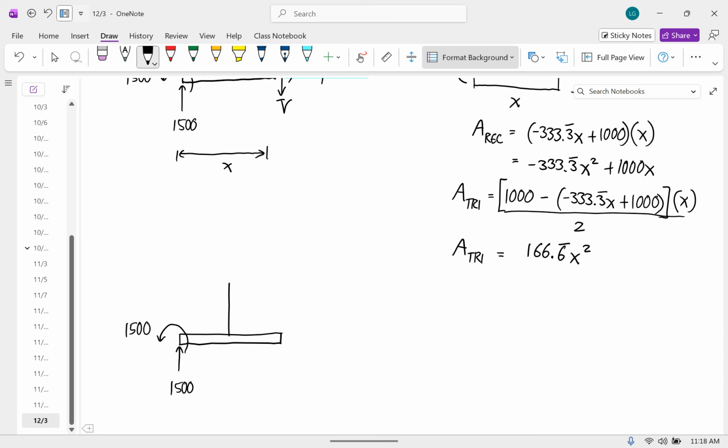At the midpoint, we have the point force that represents the rectangle. So this is a downward force with a magnitude of negative 333.3 repeating x squared plus 1,000x. And then a third of the way along the beam, we have the one representing the triangle, which is 166.6 repeating x squared. And then we have the internal loads.